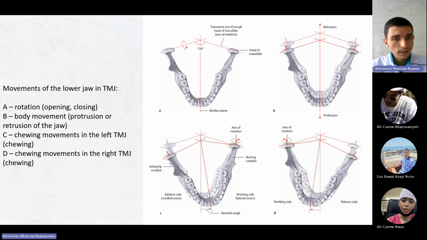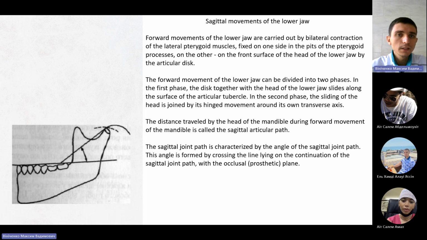We could see there is also the working side, the balance side, and the Bennett angle is also there. When we talk about the pathology of TMJ, we use the diagnostic of these Bennett angles in normal and in our patients. So the next slide is the sagittal movements of the lower jaw.